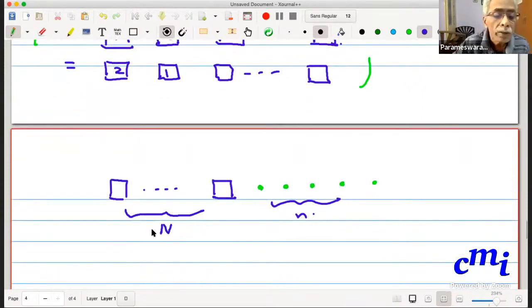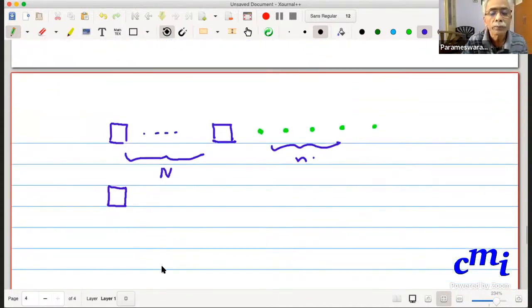What you do is fix the first box, and permute the remaining ones in any fashion you like.